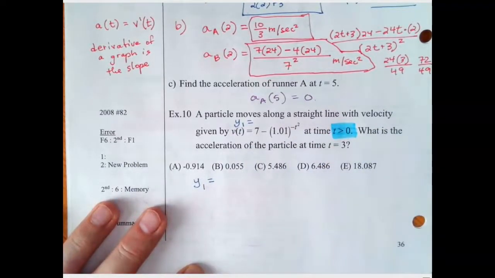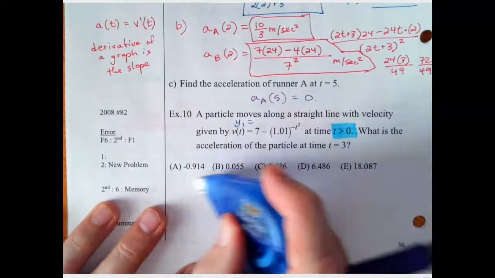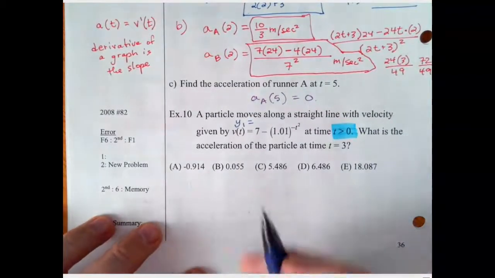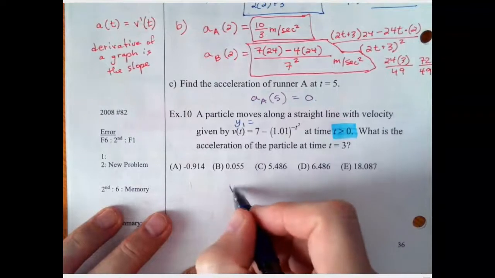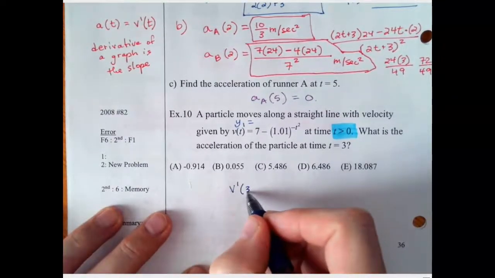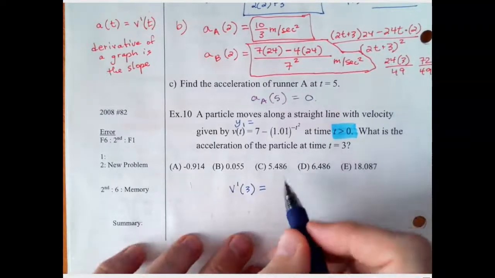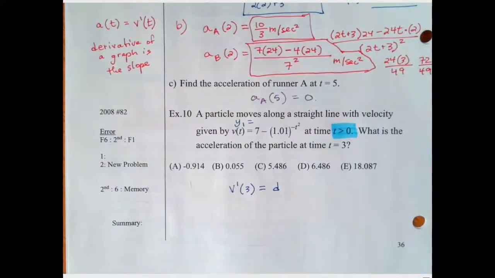Now, what I want to calculate is the velocity at 3. So all I'm going to do is type this in the calculator. The calculator is pretty much going to do the work for us. So we want the derivative of the velocity at 3. So here's how we're going to do that. We're going to take the derivative. Now there's two main ways that you could do that.